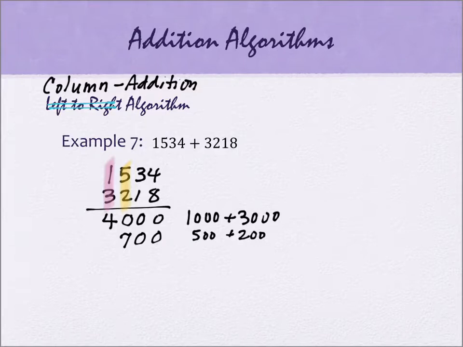And I move to the next column. I have 3 and 1. It's not really 3 and 1. It's really 30 and 10, which is a 4 in that column, or the number 40. And in the last column, the 4 and the 8, well, 4 plus 8 is 12.